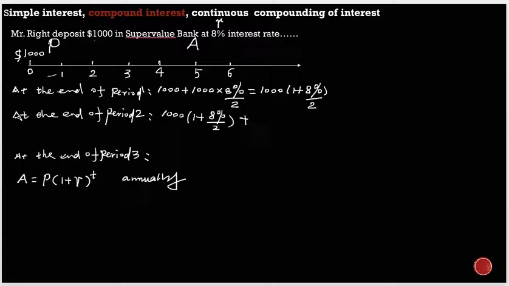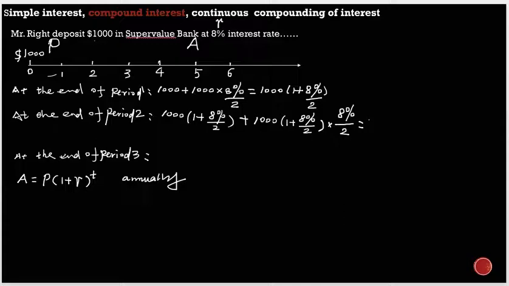The second period's interest is the new principal times the interest rate, because it's half year, so the interest rate is 8% over 2. So we take the common terms out.